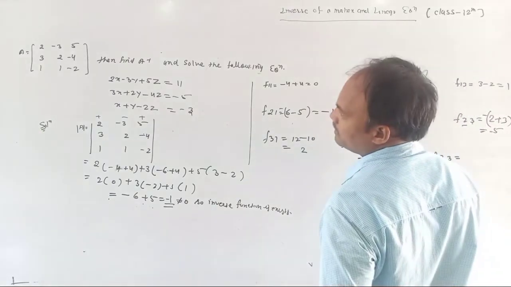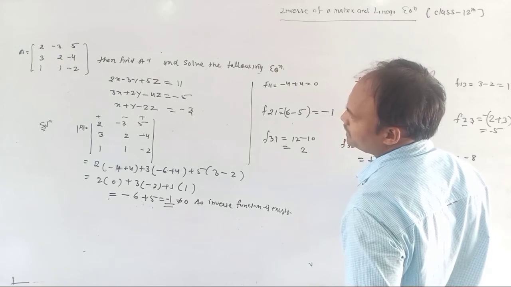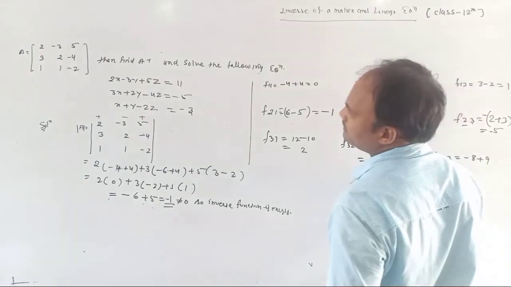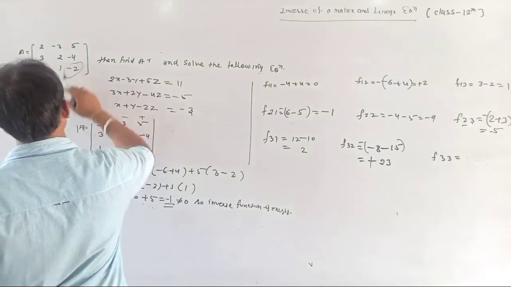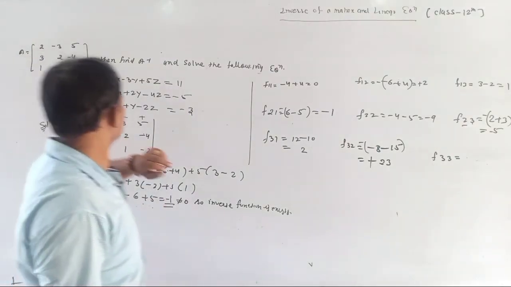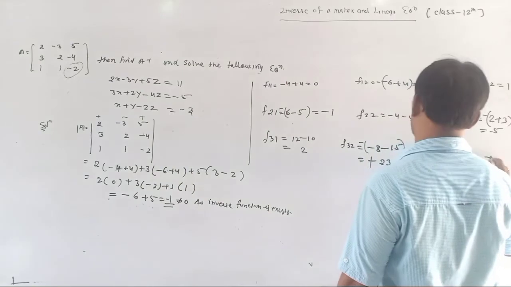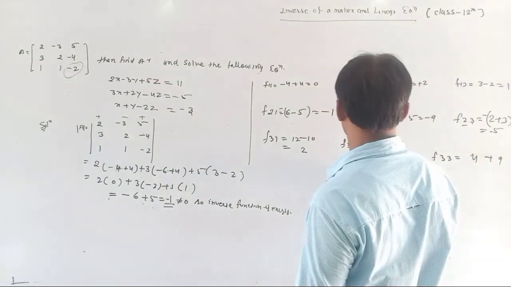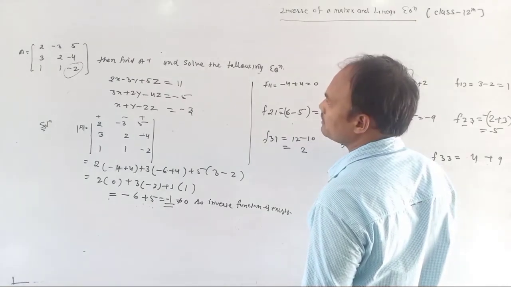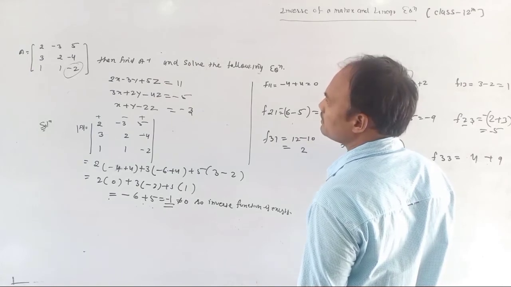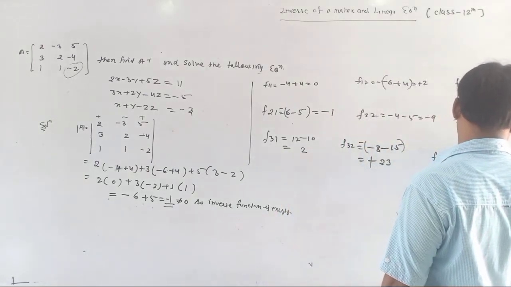F33 means minus 8 and plus 9, with respect to this, it is 4 minus 4 plus 9, so F33 is 13.